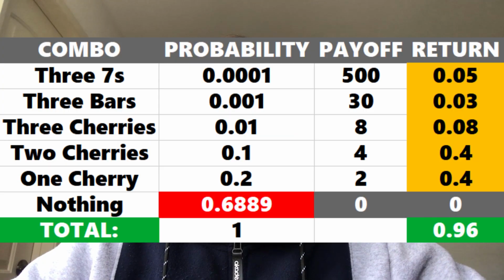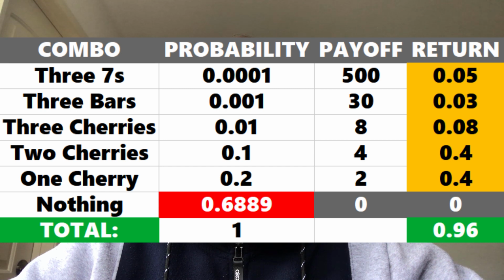for the entire game. To visually explain what I just described, let's take a look at this spreadsheet I made up for a very simple slot game. In this made-up slot, there are only 5 possible winning combinations: 3 sevens, 3 bars, 3 cherries, 2 cherries, and 1 cherry. The next 2 columns show the probability of each win and the pay table.